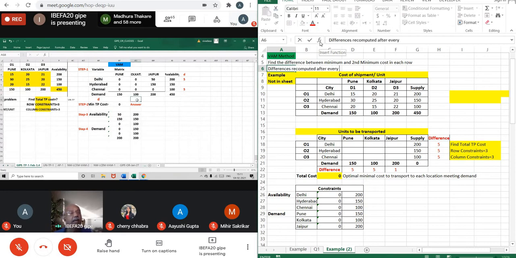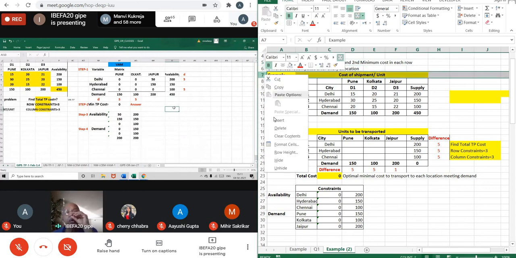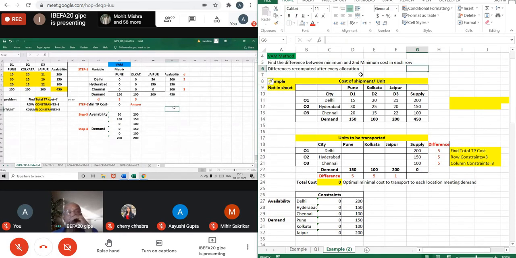Kolkata, I want the difference. 20 and 15, 5. And 15 and 25. Any 5 you can choose. Which one will you choose logically? So we could choose Delhi. Correct. So Pune, I can give 150.